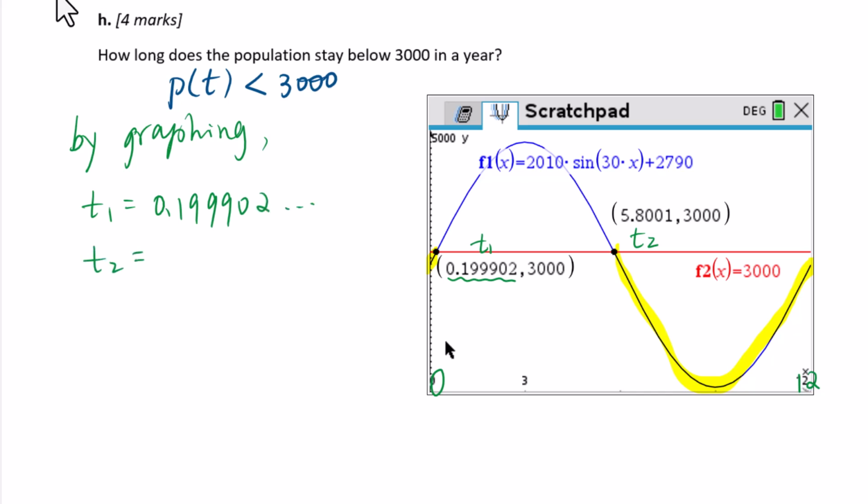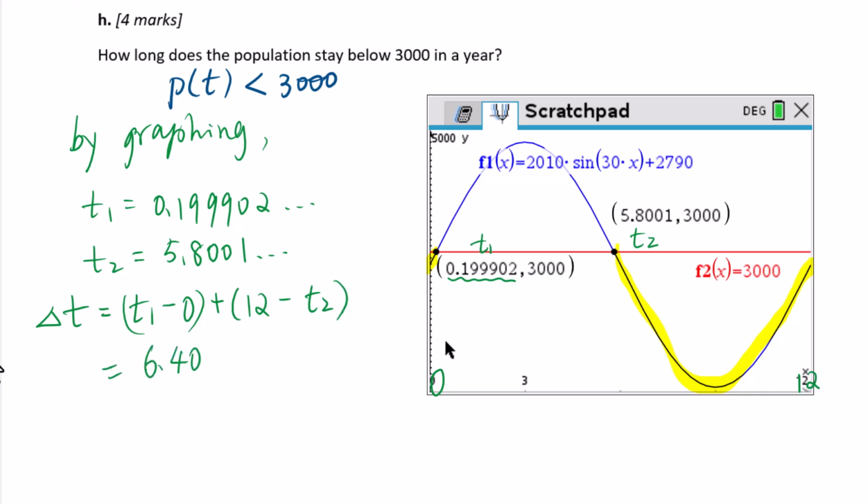T2 equals 5.8001. Delta T equals T1 minus 0 plus 12 minus T2 equals 6.40, which means for more than half a year, the population is below 3000.